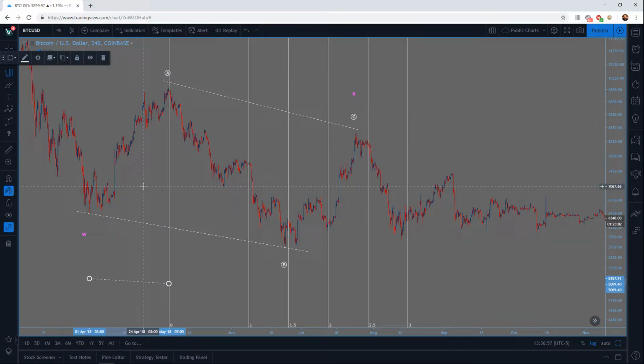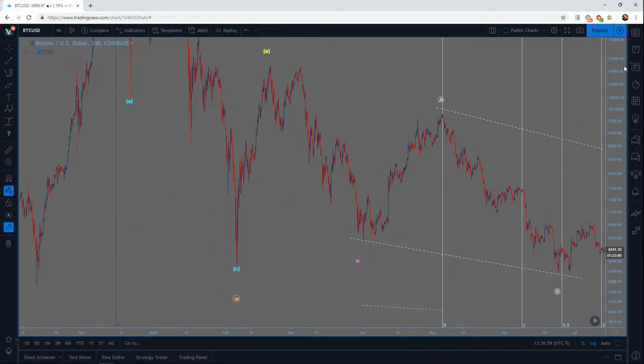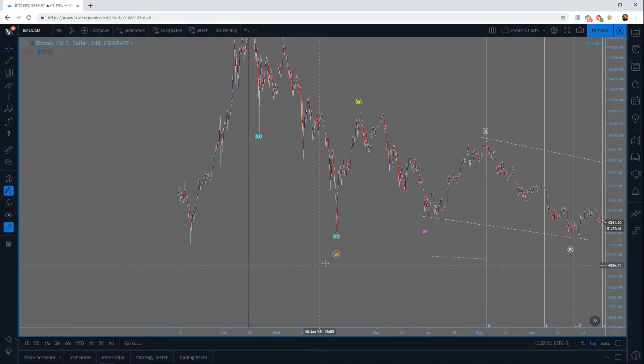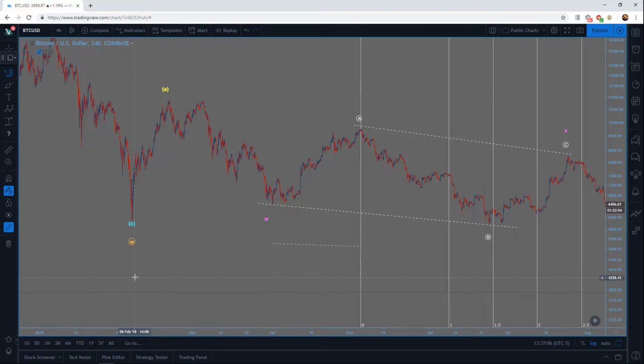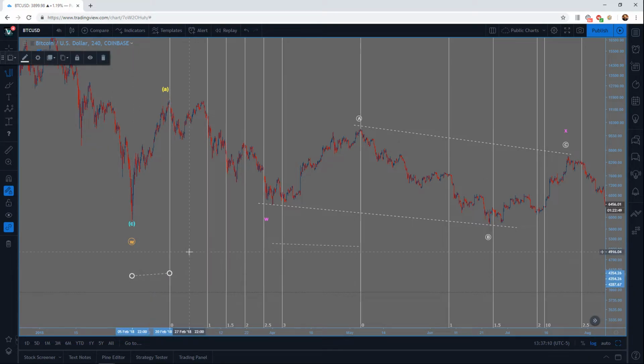1.5 times as long as the A wave. We covered this ground quickly, and then we slowly trickled down behind it, taking almost 3 times as long to reach this low here.